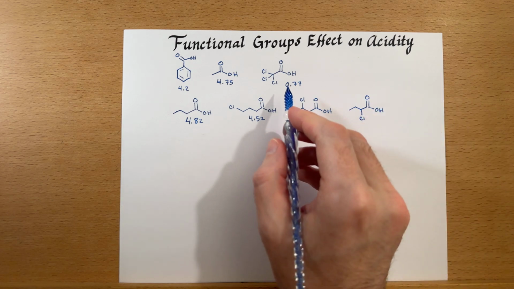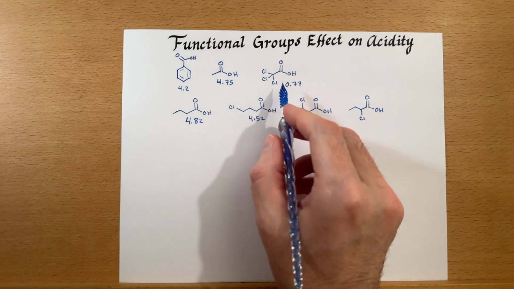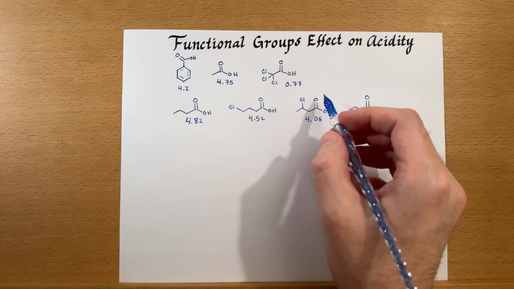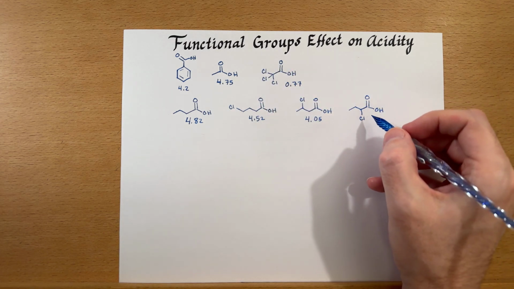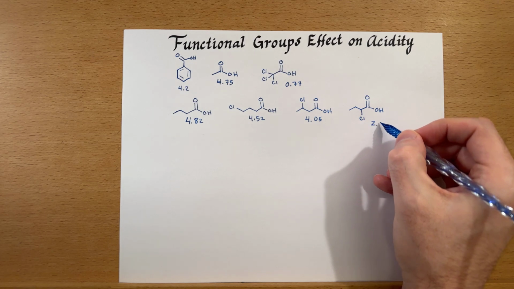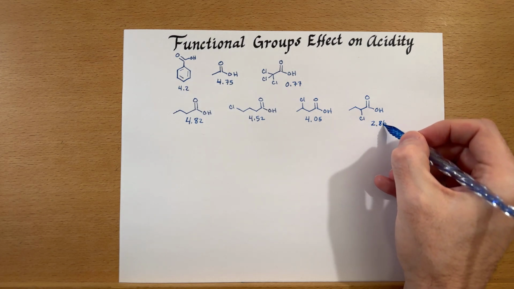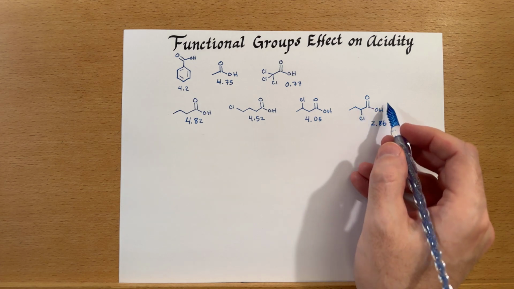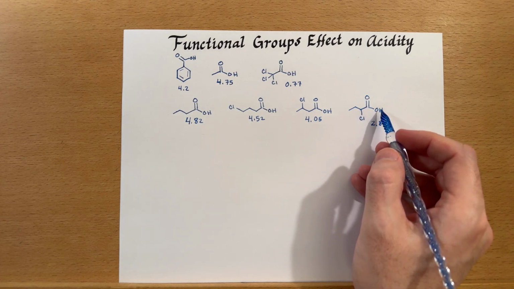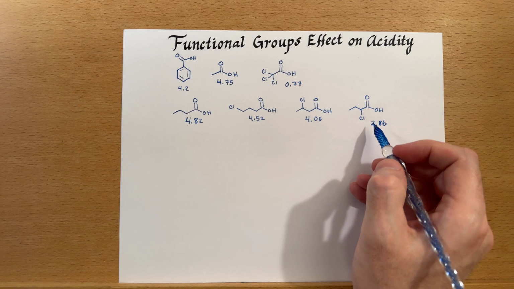And now it's only 1, so it won't ever really get to this level because this has even more chlorines on it, but this will be the most acidic because the proximity of the chlorine has gotten a lot closer to the carboxylic acid group.